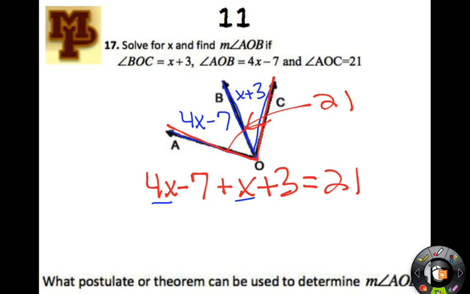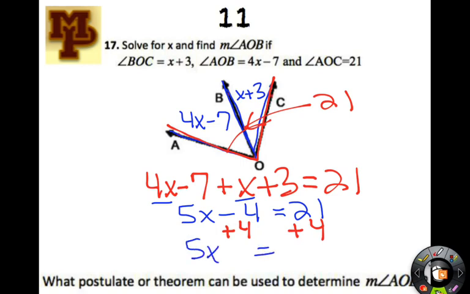So 4x plus x, that's 5x. And then we have negative 7 plus 3, so that's negative 4 equals 21. Then we're going to add the 4 over. So that's 5x equals 25, and so x equals 5. So we want to make sure we answer the question. Let's see, what were we looking for? AOB.